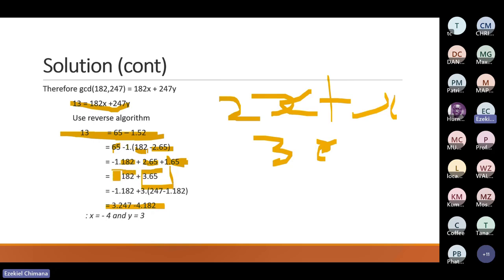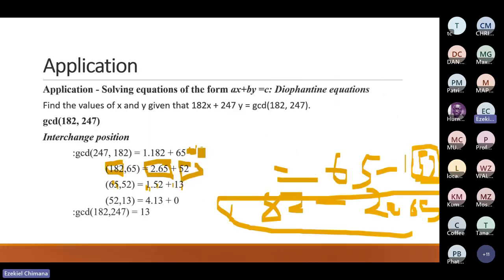And then here we've got minus 1 times 182. So from here, you go on to use this final step. So when you get here, you must have your answer.